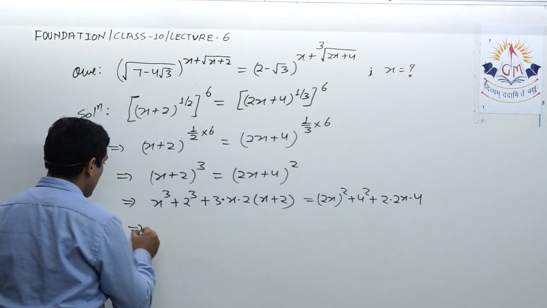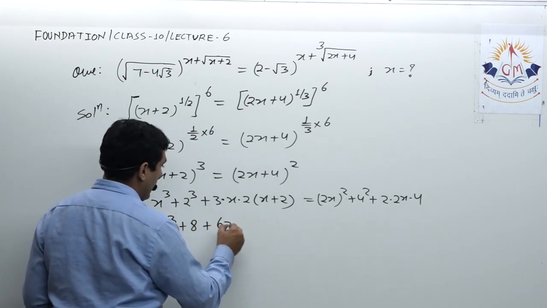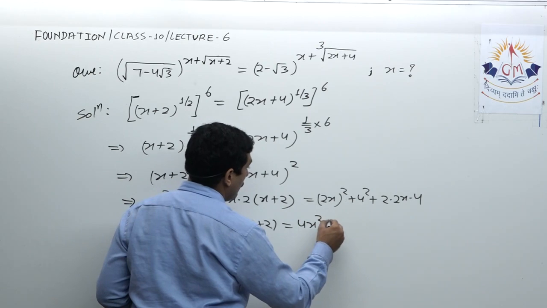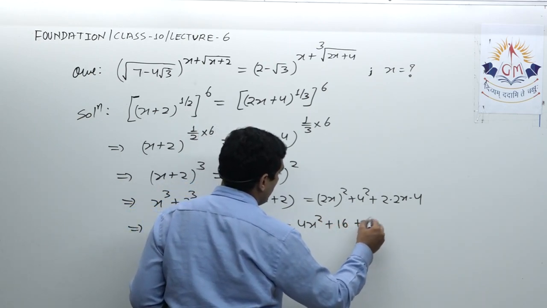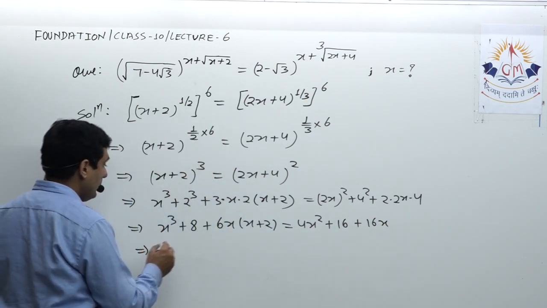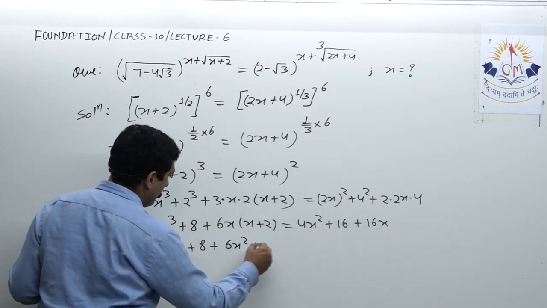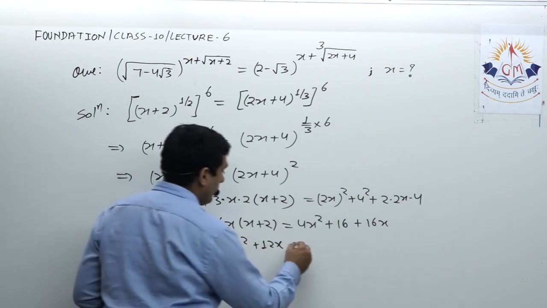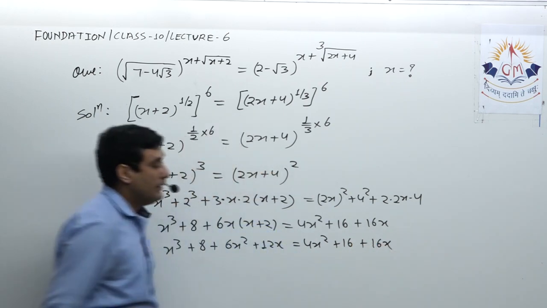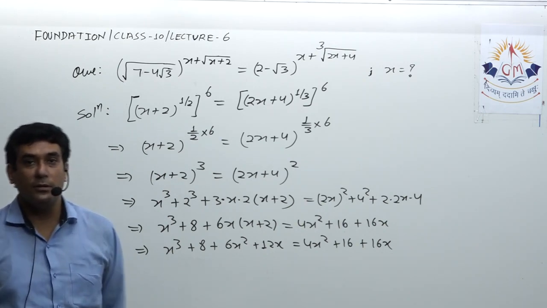So over here we'll get x cube plus 8 plus 6x into (x plus 2), and over here 4x square plus 16 plus 16x. Now x cube plus 8 plus 6x square plus 12x is equal to 4x square plus 16 plus 16x. Now I will take all the terms on the left hand side. So first of all note it down, then we'll see its solution further.